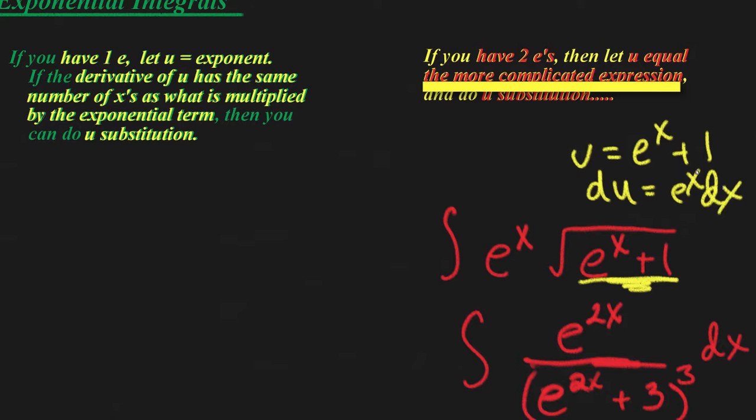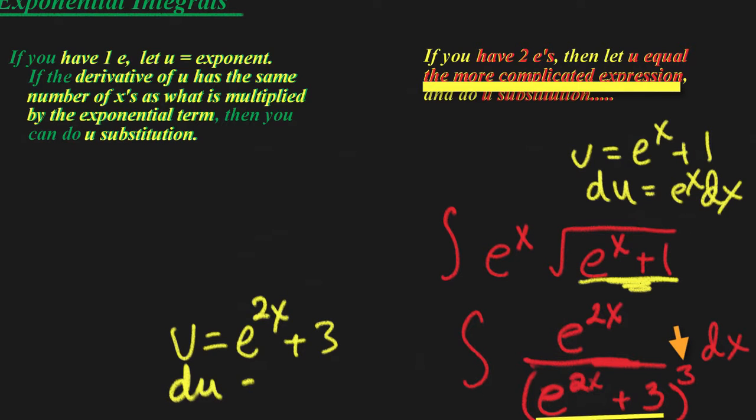So they would cancel. Same thing here, you would let u equal e to the 2x plus 3. You don't care about the fact that it's on the bottom. You don't care about the cubed at all. All you care about is the e term. du then would be another e term to cancel out. Okay?